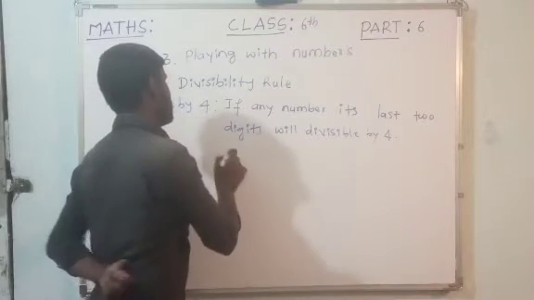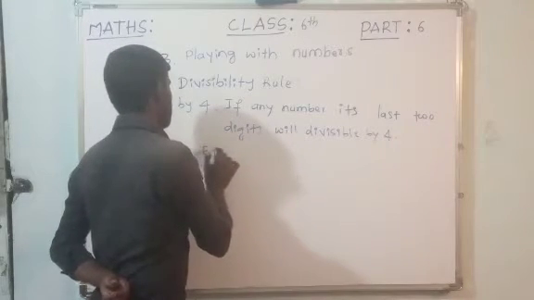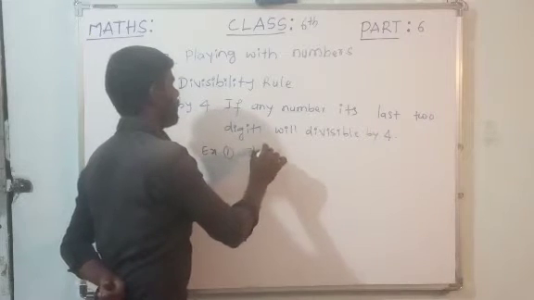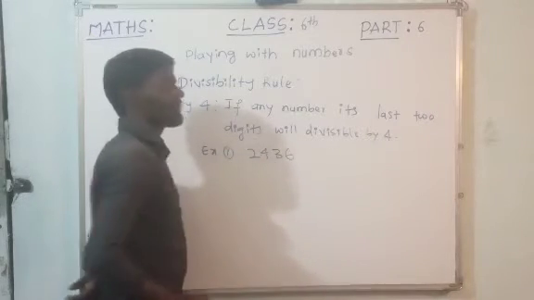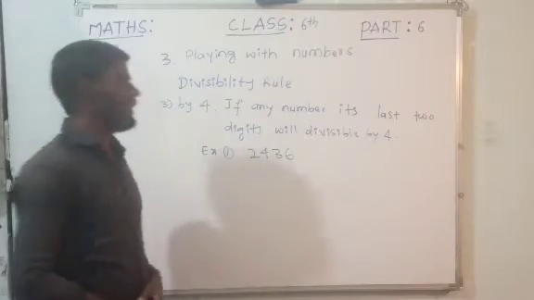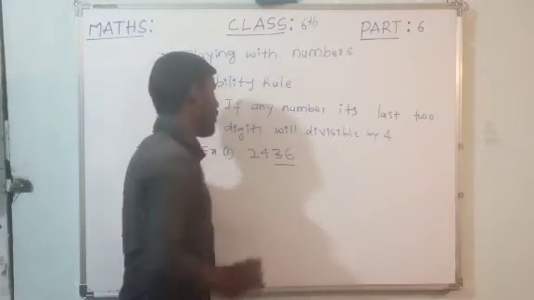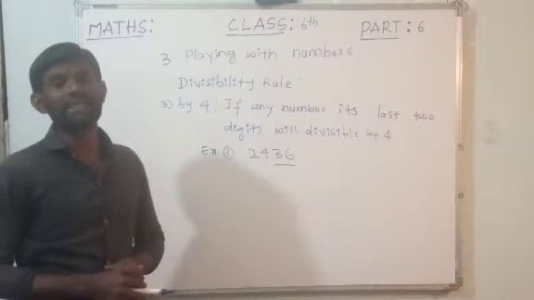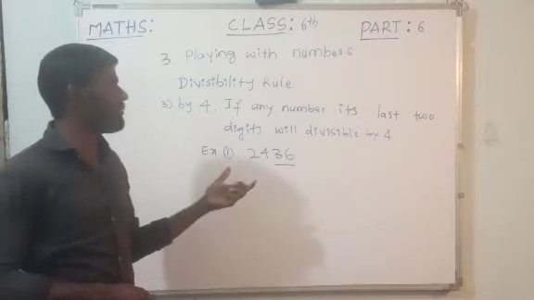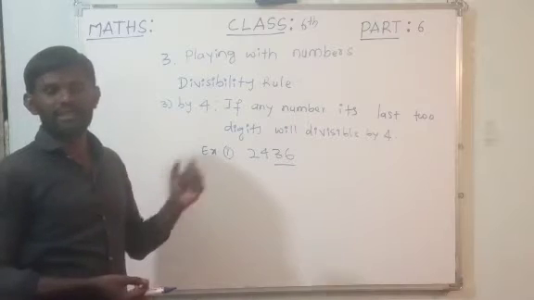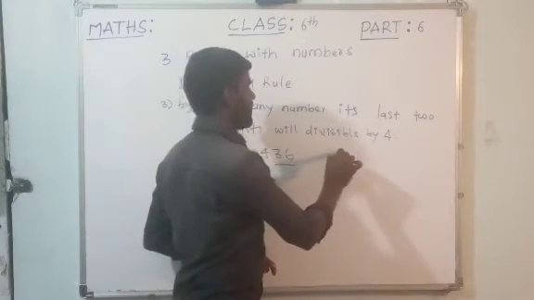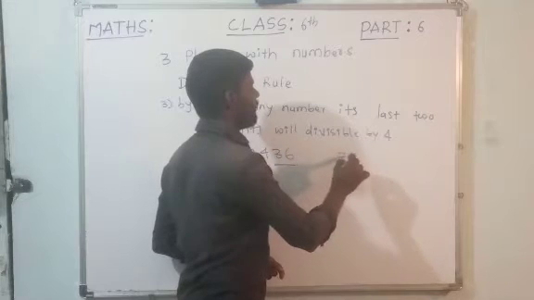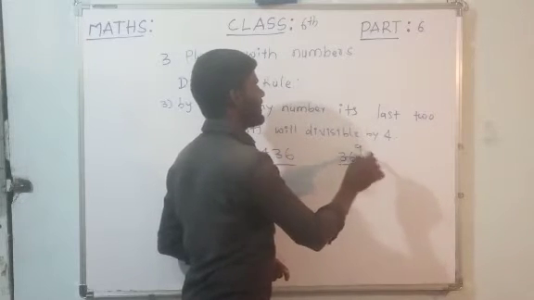Suppose, dear children, first example, 2436. See this example: the last two digits of this number are divisible by 4. 36 by 4: 4 nines are 36.